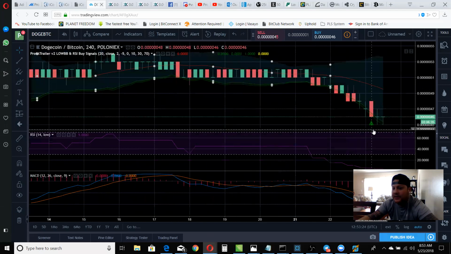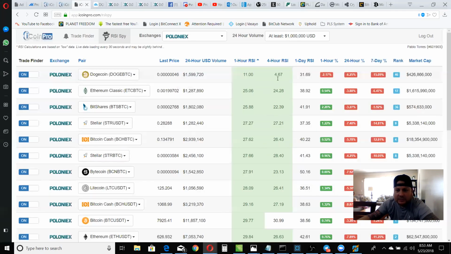But maybe you can trade with a little bit more money. Then you would be looking at the 4 hour RSI charts here. Right here, this 4 hour RSI for Dogecoin is very, very, very low. And if you want to trade off of that 4 hour chart, you'd probably have a pretty good return.